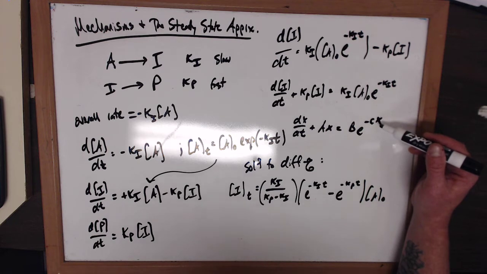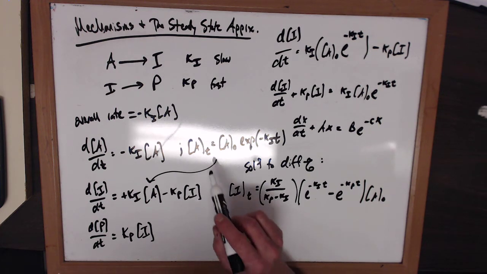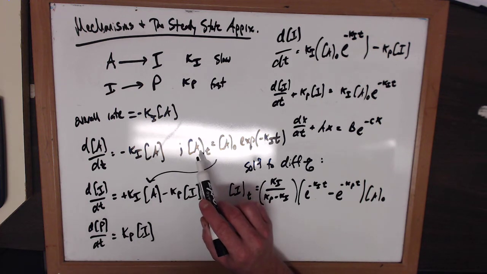Okay, and then now what we want to be able to do is come up with an expression for P at any time t. And of course, we have an expression already for A at any time t.